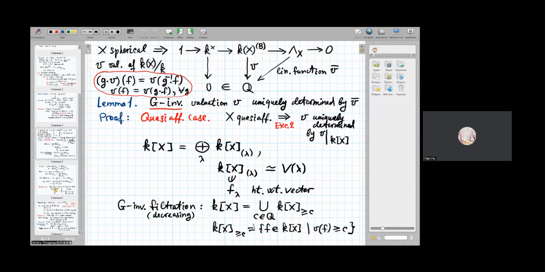In the next lecture, we will describe explicitly which linear functions correspond to G invariant valuations. These are not all linear functions. It is an explicit subset in all linear functions. So we shall describe this.